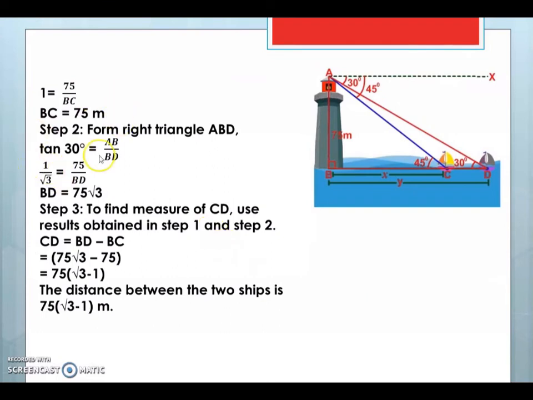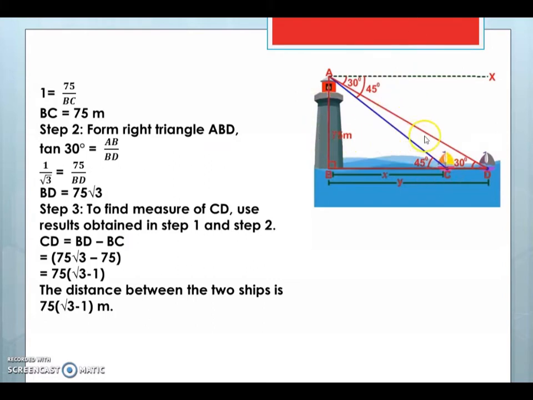So first, applying trigonometric ratio in this triangle, you will get tan 45 is AB upon BC. That is 75 upon BC. Tan 45 is 1. So BC value is also equal to 75 meters.